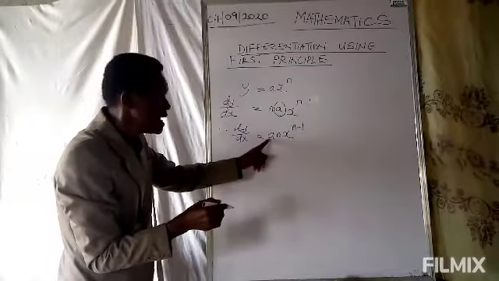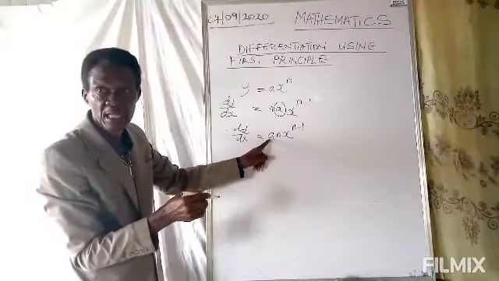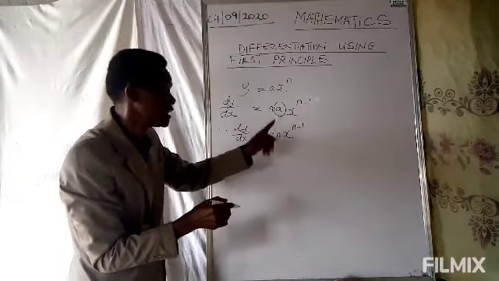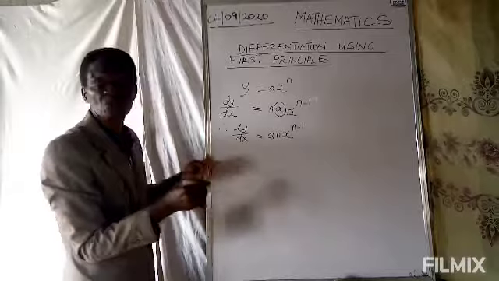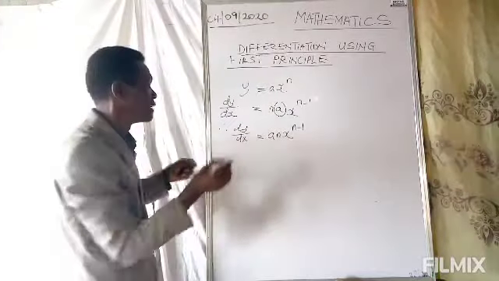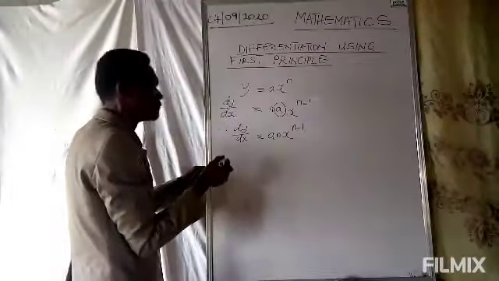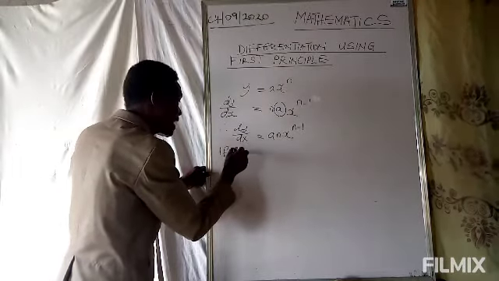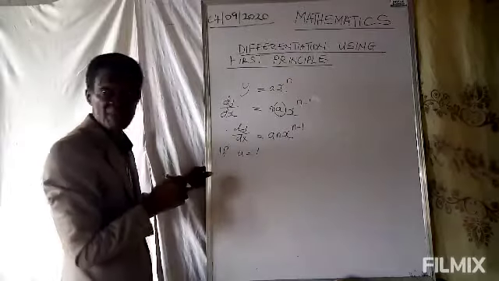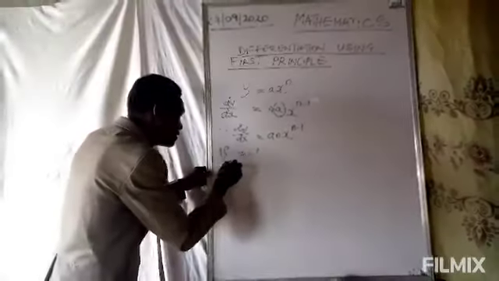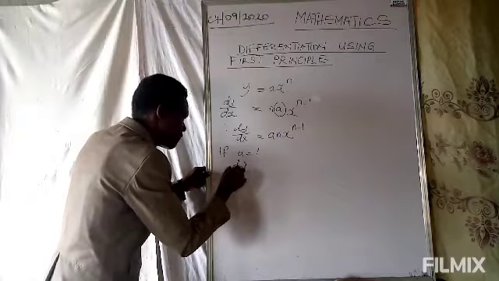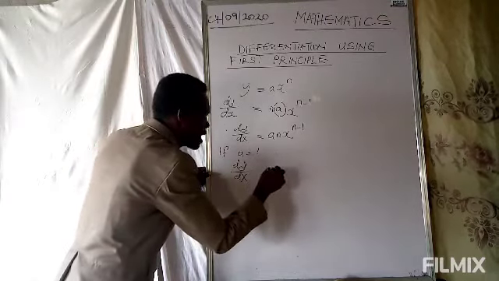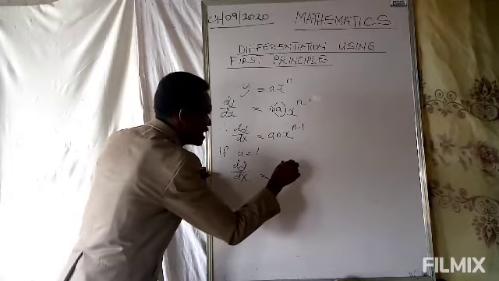Hereby, a is a constant, and n is also a constant. Now, in this case, if our a is 1, therefore dy over dx becomes n x to the n minus 1.